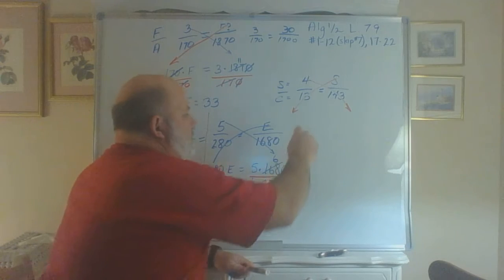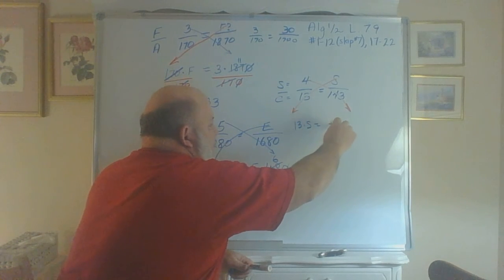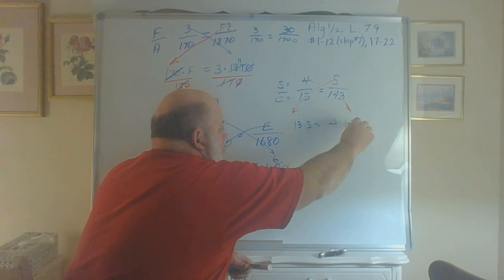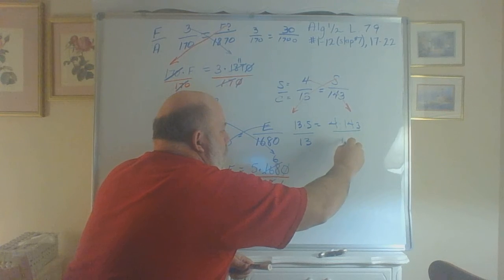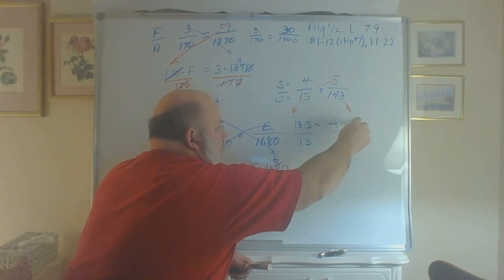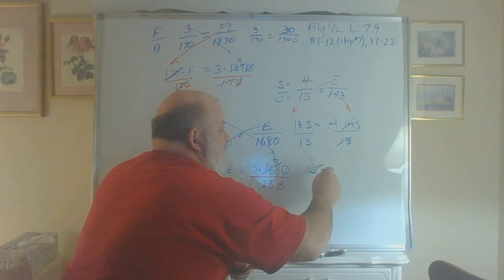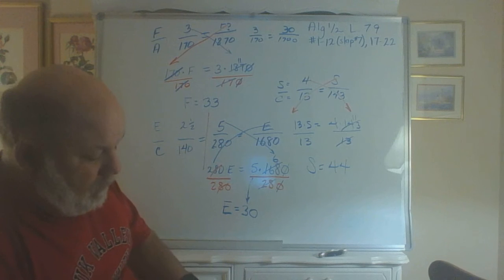And you get 13 times S equals 4 times 143. Divide by 13. Divide by 13. 13 goes into 143 11 times. If you didn't know that, you could certainly use a calculator.